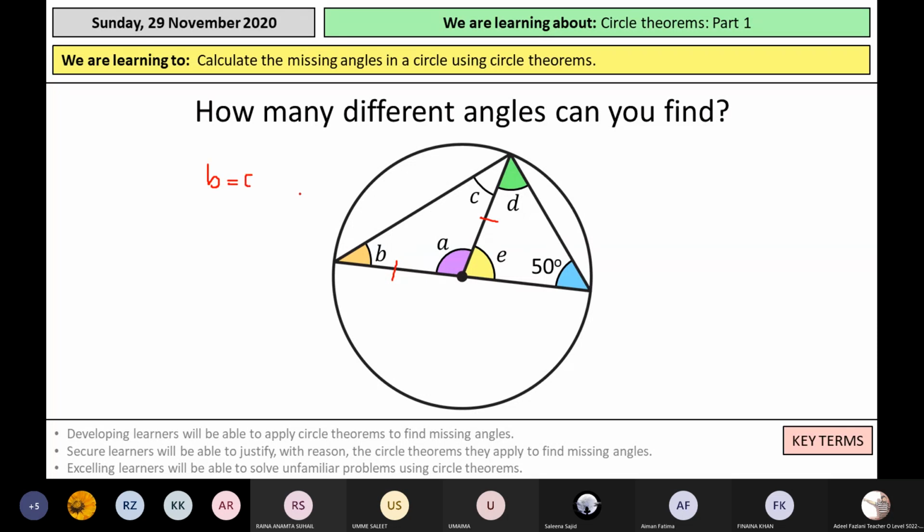Yes or no? Yes, sir. If this is radius, this is also radius. So I can say D and 50 degrees are equal. Yes or no? Yes, sir.